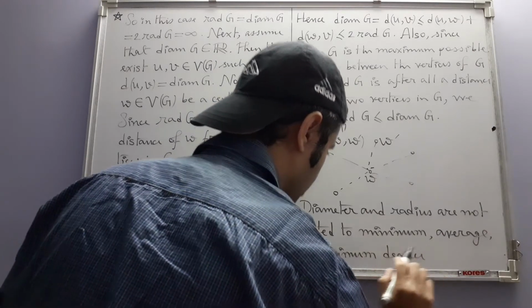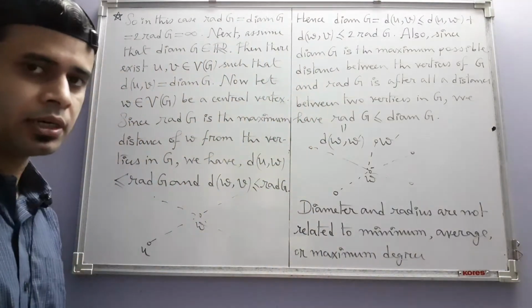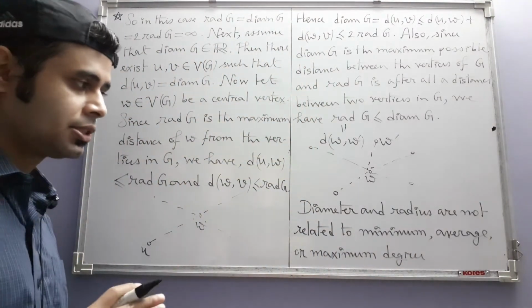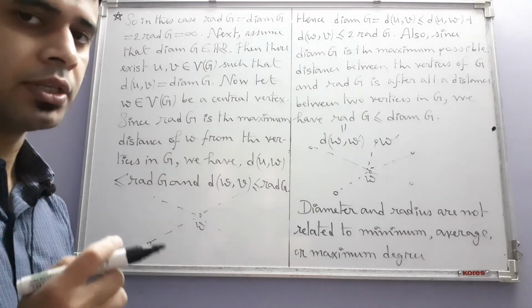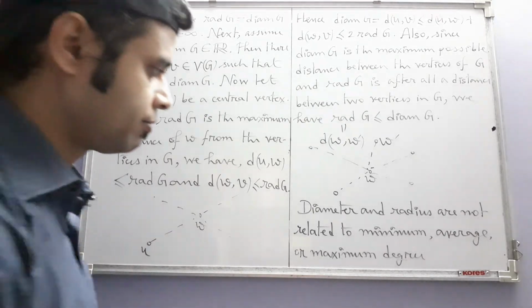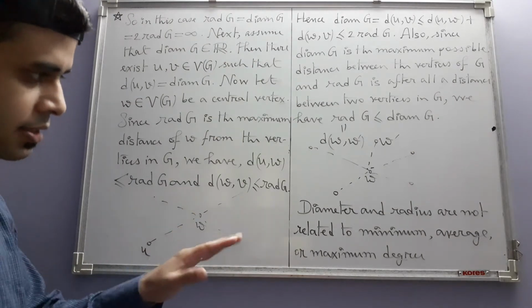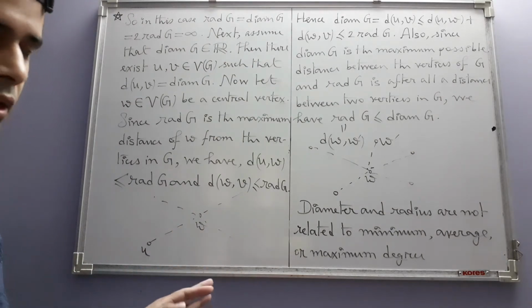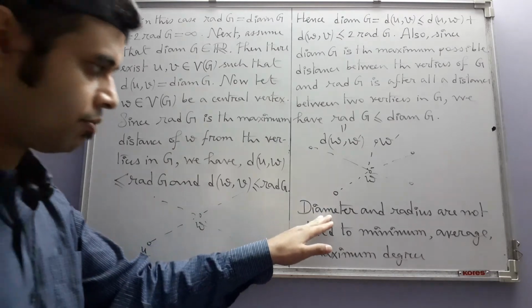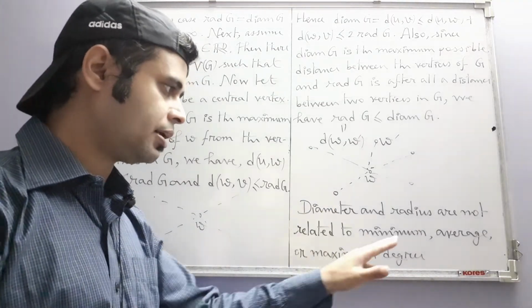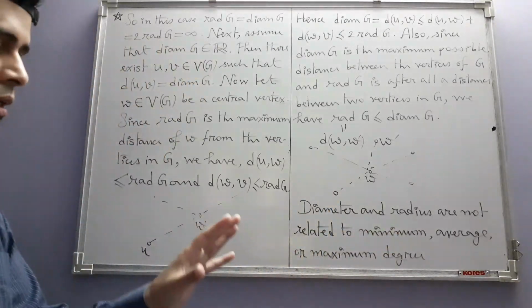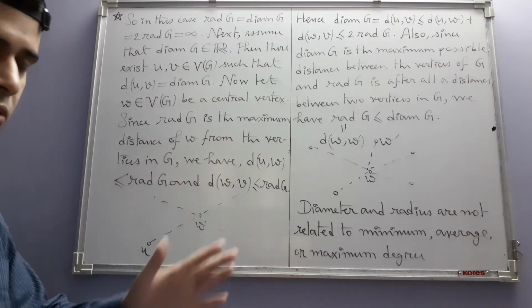They are not related to these other parameters if we don't say anything about the order of the graph, that is how many vertices the graph has. If we don't restrict that in any way, then these parameters don't have any relation. Any one of them, say diameter and minimum degree, can be given any value.